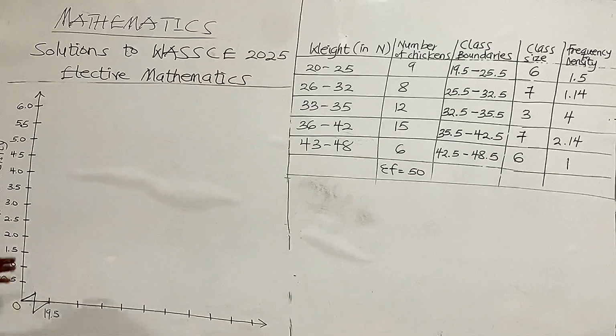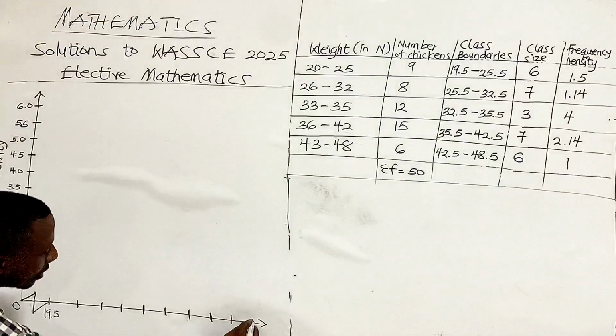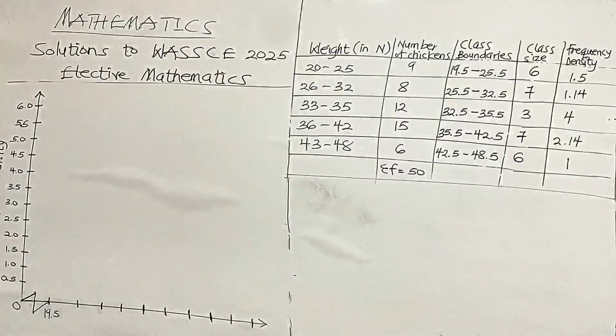Now from here, we are going to do counting. So let's look at how it will be done. This is a deep line. This is another deep line. This is another deep line. In that order.